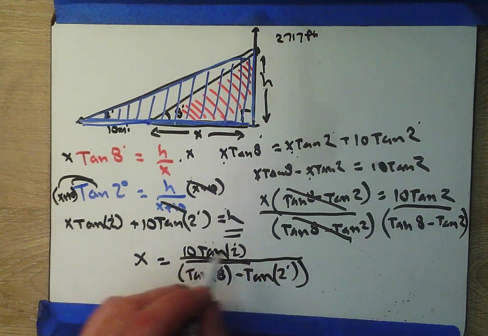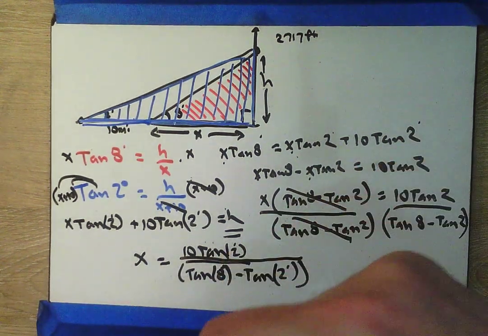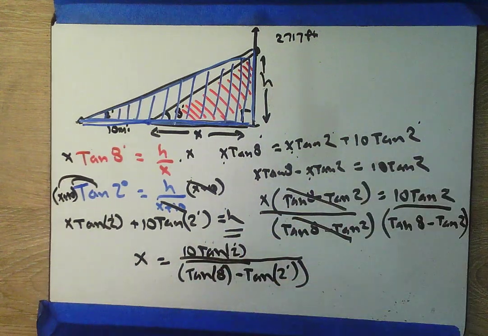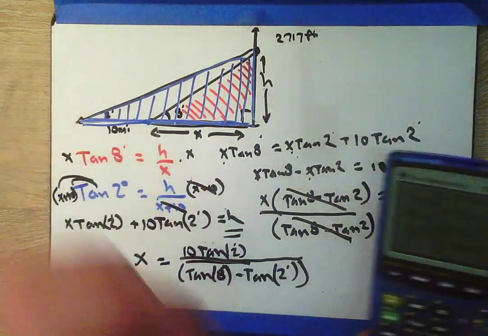And don't forget, these are degrees, so your calculator needs to be set in degrees. That was true in the bearing problems as well. When we're graphing scatter plots, our calculator is in radians because we're graphing trig functions. But these right triangle word problems are all going to be in degrees. So set your calculator in degrees if you haven't already, and type this in.